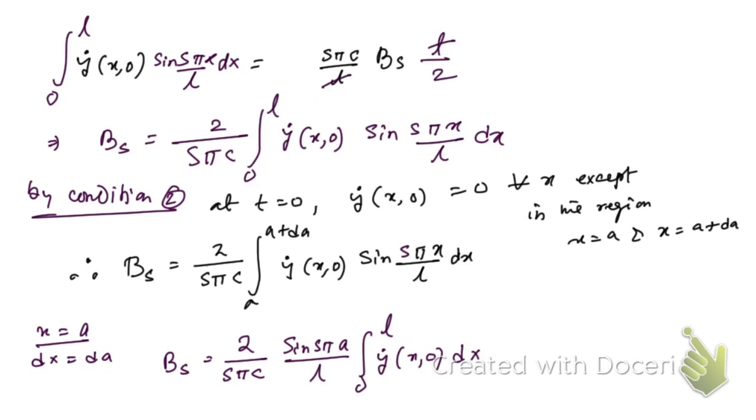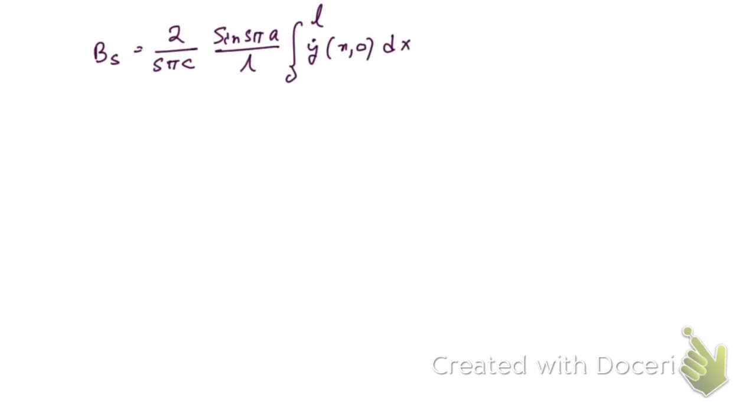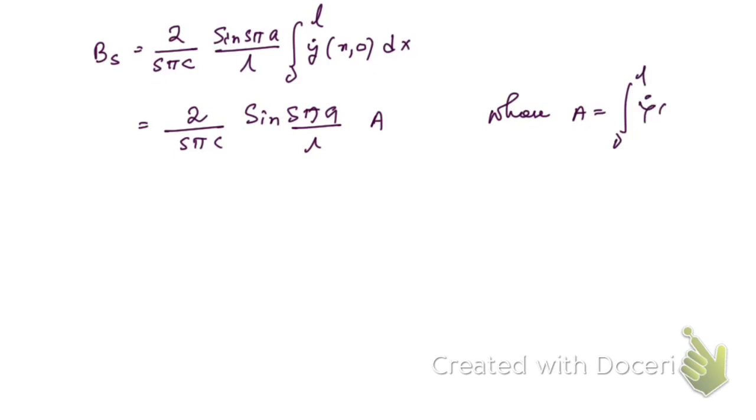So here you see, if we use this value, first let me copy this and take a new slide. So here 2 by s pi c sine s pi a by L. Let me take this part as capital A, where A is equal to this integral 0 to L y dot x comma 0 dx, right?